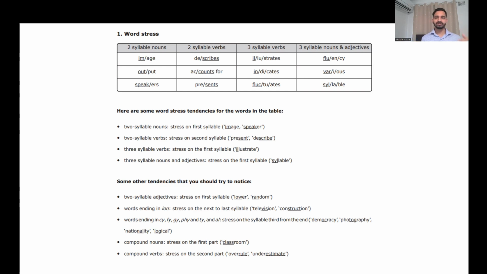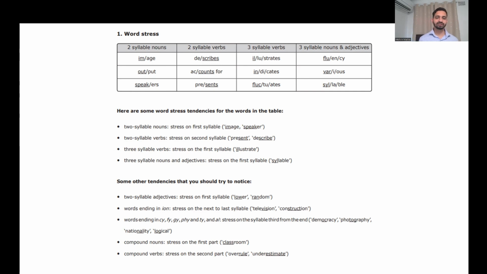All right. Third, 3-syllable verbs, the first syllable is stressed: illustrates, indicates, fluctuates. 3-syllable nouns and adjectives, the first syllable is stressed: fluency, various, syllable.